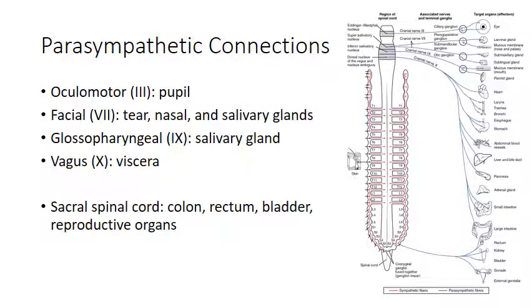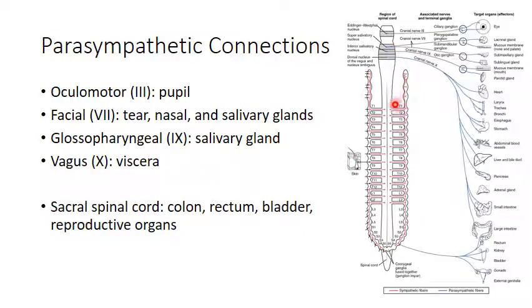This is a list of the pathways that the parasympathetic nervous system is going to take. We have 4 of our cranial nerves involved, and then again the spinal cord and sacral region. I don't want to delve too deep into all the divisions here. This is the same thing that we looked at with the sympathetic.